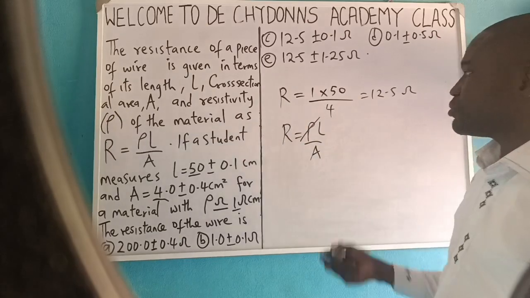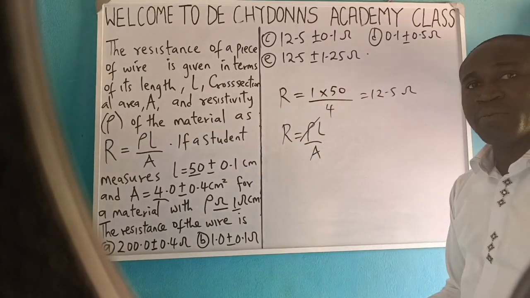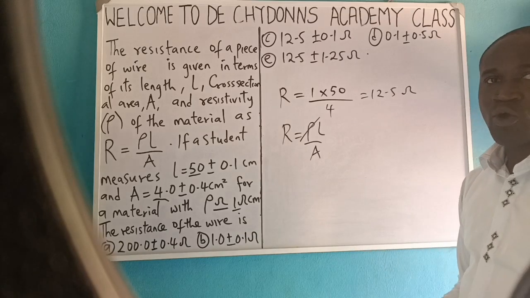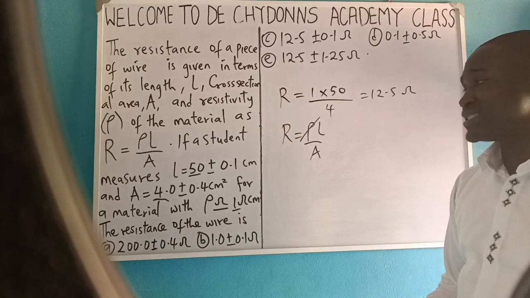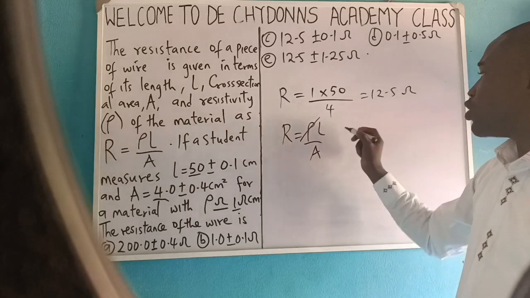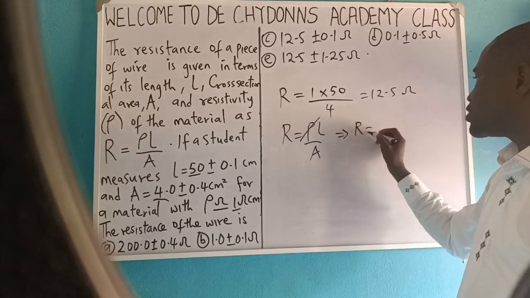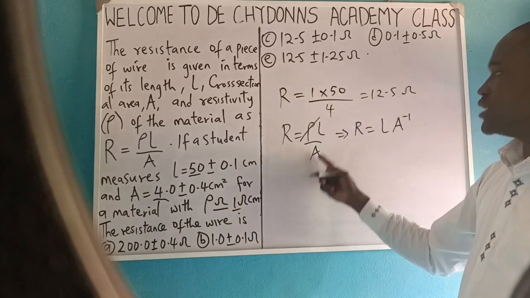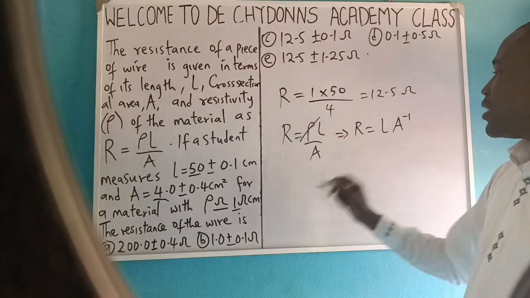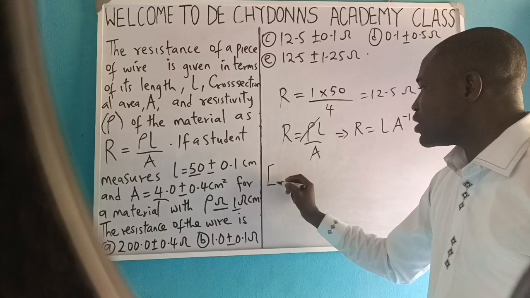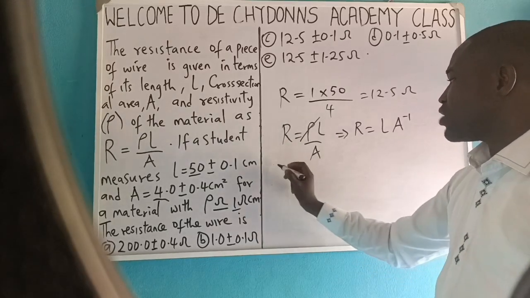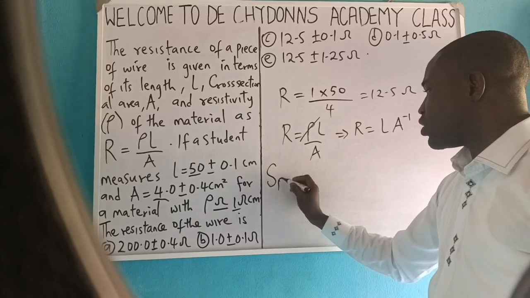We will cancel it because it is not measurable from a measuring instrument, so we don't have its maximum error or the reading accuracy we can get while measuring it. So we'll have R equal to L times A raised to the power of minus 1.